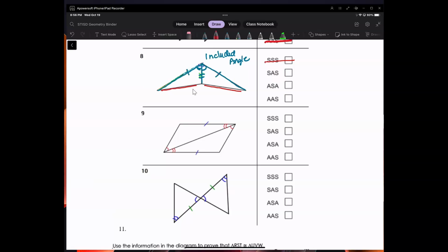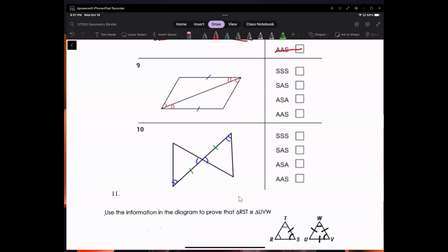Now we don't have two sets of corresponding angles, so we can't use this one and we can't use this one. So the only one that we're able to use is going to be the side, angle, side postulate. Side, corresponding side, included angle, and the side that they share. So that's why the two triangles would be congruent.